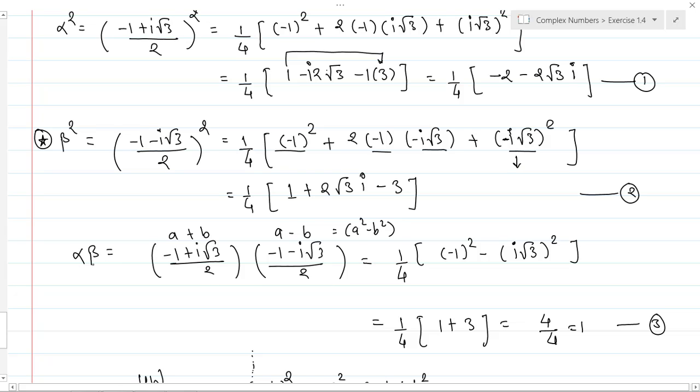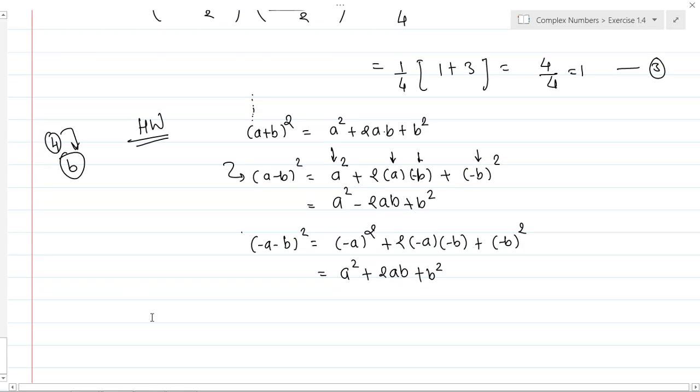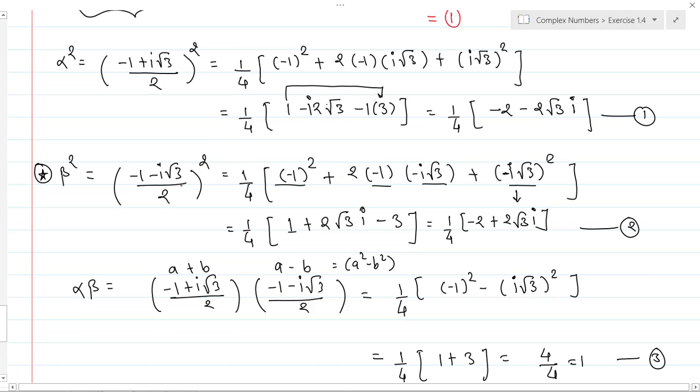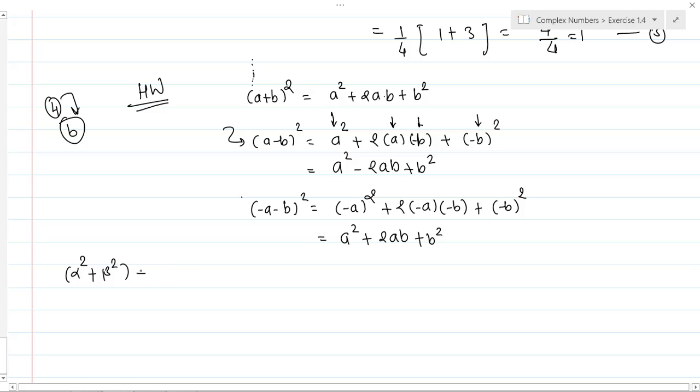Now alpha into beta, so this is equal to 1 by 4. It's 1 minus root 1 minus 3 becomes minus 2 plus 2 root 3i. Okay, now let's add equation 1 and 2, because I want alpha square plus beta square. So let's add equations 1 and 2, and we have plus alpha beta, plus alpha into beta. So take the values.